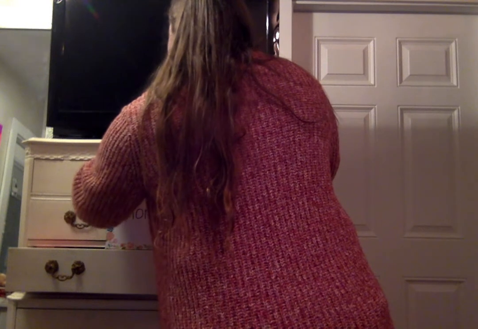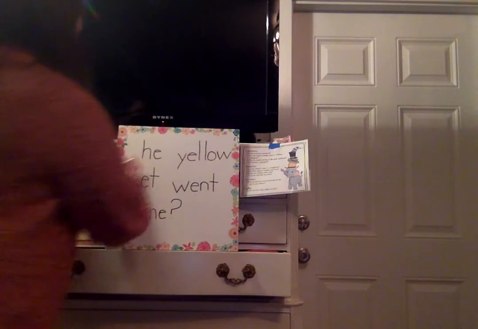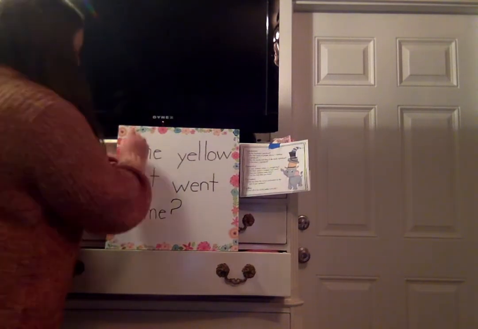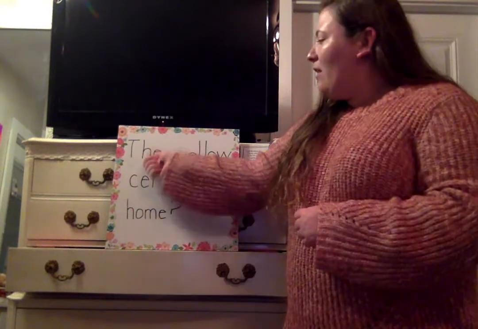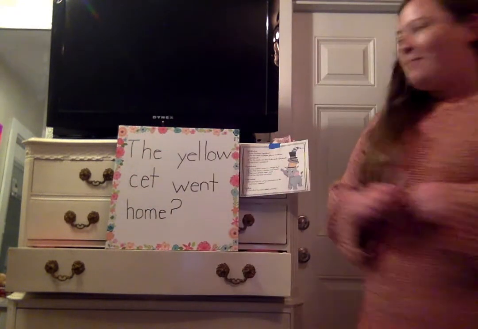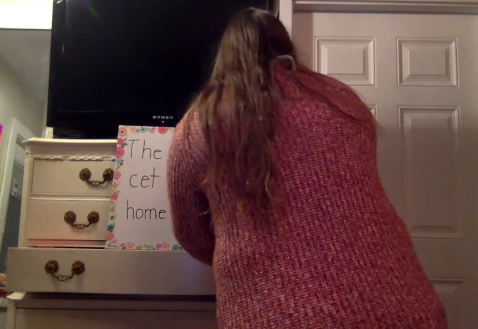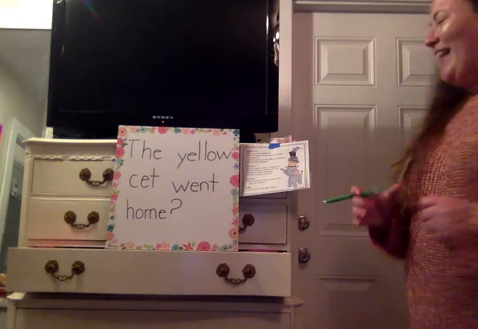So I need to correct that t into a capital T. So, capital T. I have my sky, and then I have a straight line that goes down to the bottom. So now, the first word in my sentence is capitalized. So I'm going to go ahead and check off my box that says, is the first letter capitalized?